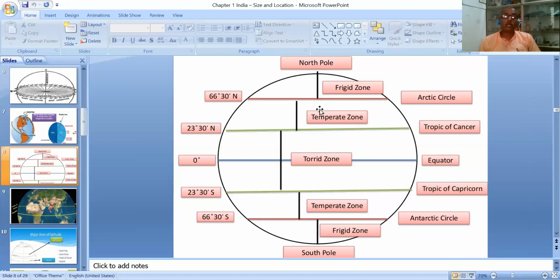When we learn the climate chapter, if you know well what phenomena take place and where, then you can understand that chapter very easily. So that's why we have to remember the temperate zone, 23 degrees to 66.3 degrees, both south and north.